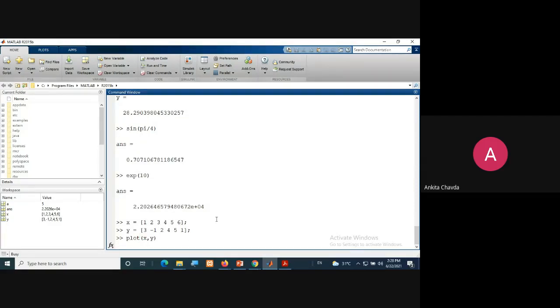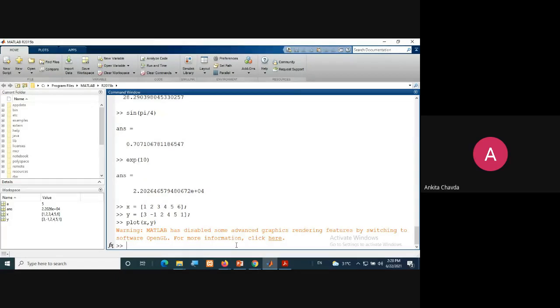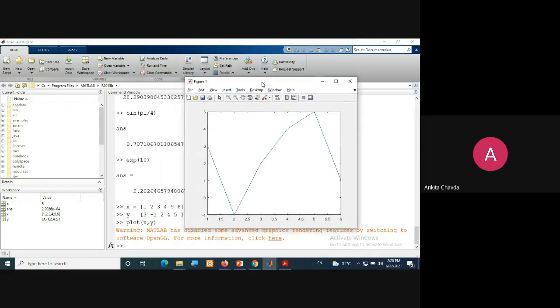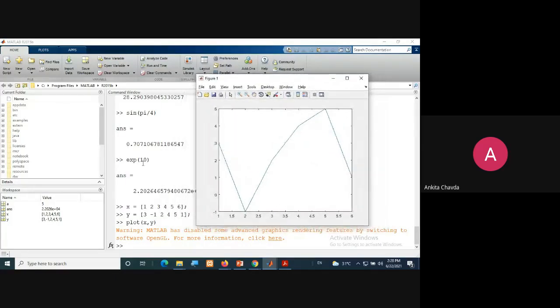Very easy commands in MATLAB. It will take some time, and it will show you that graph. Fine. So this is the graph. Whenever the value of x is 1, 2, 3, 4, 5, and 6, you can check the corresponding value of y. When x is 1, the value of y is 3.